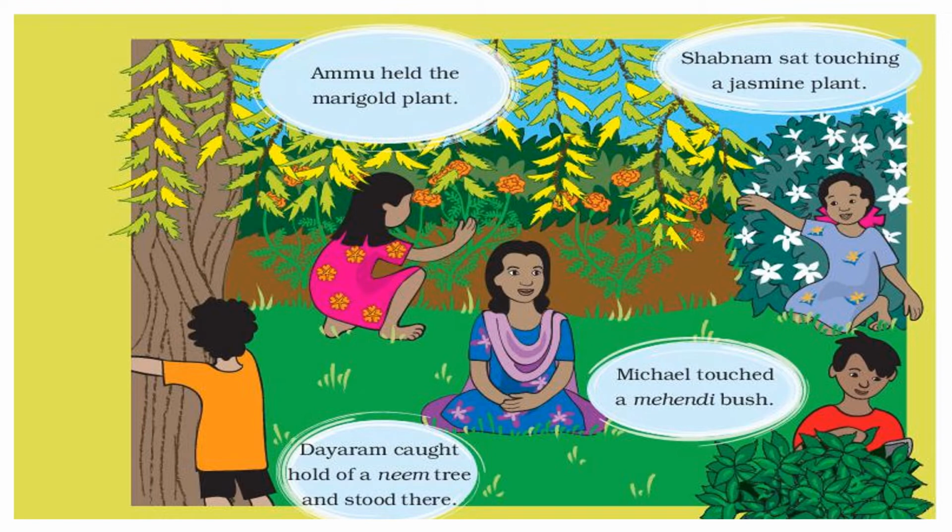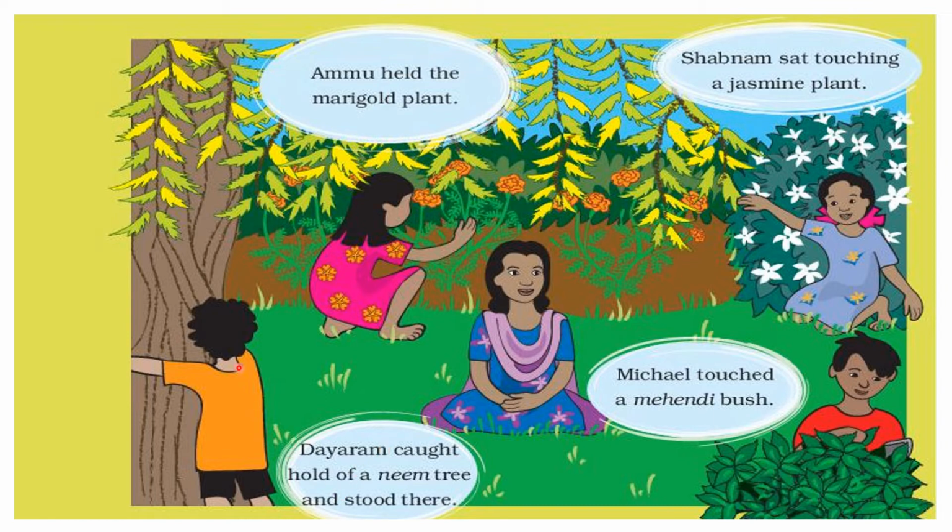At once, all the children ran towards the plant. You can look here. Ammu held the marigold plant. Sabnam sat touching a jasmine plant. Michael touched a mehendi bush and Dayaram caught hold of a neem tree.